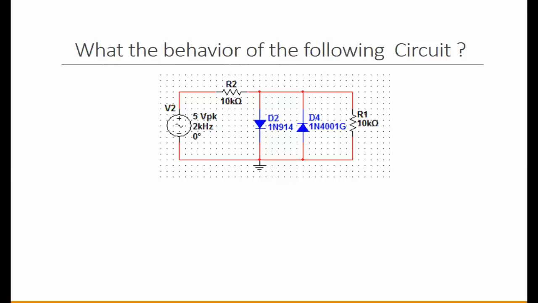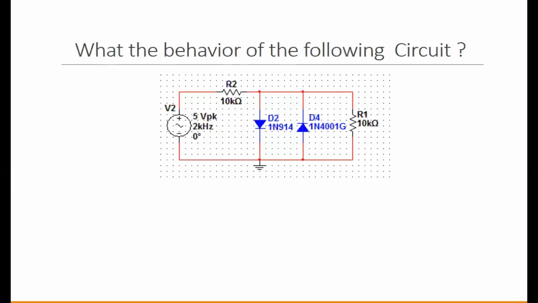So positive cycle, what will happen? You're going to forward bias D2. So D2 would be forward bias. That means you get 0.7 on D2, but what about D4?